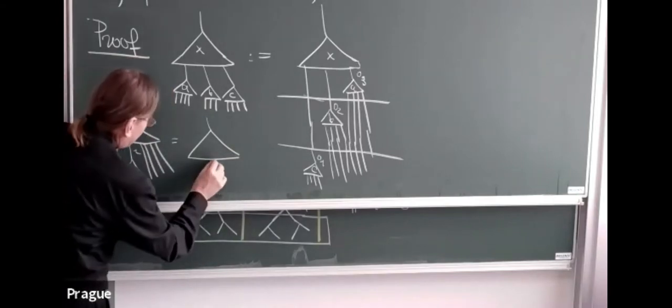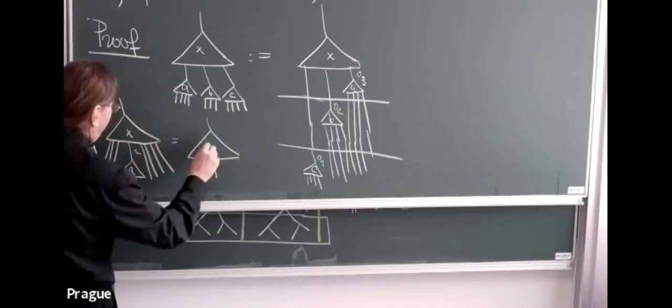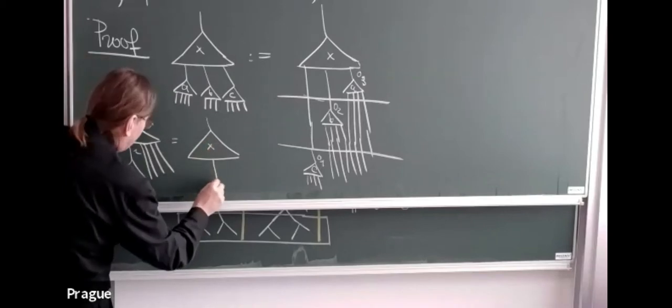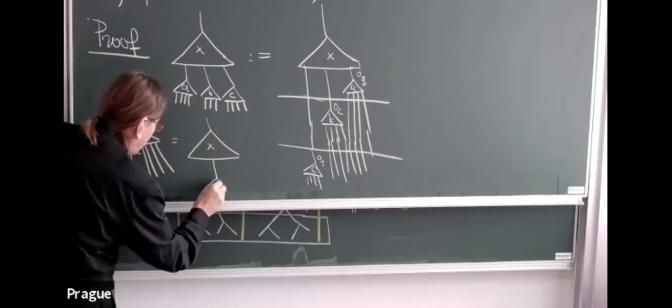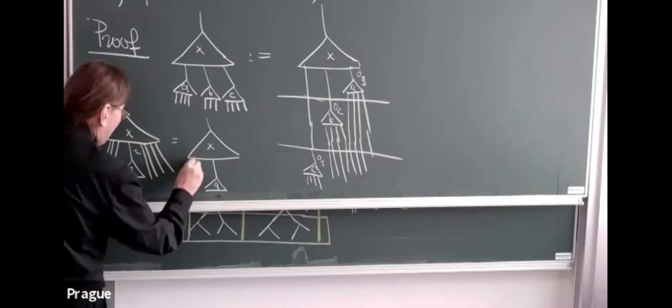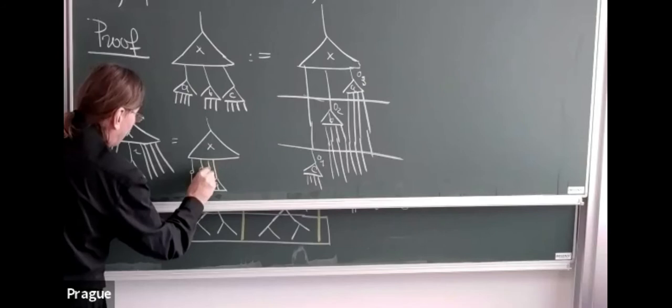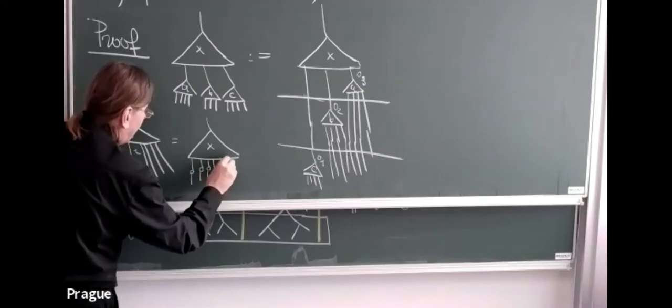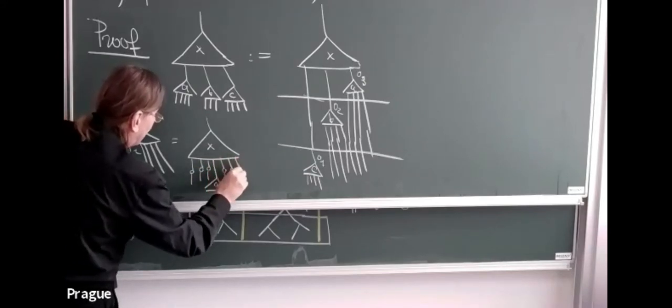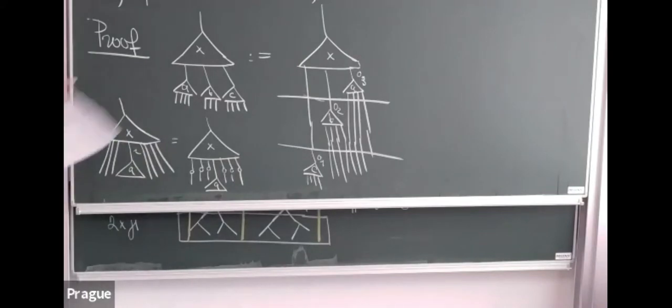On the position i of X, I put A, and to the remaining positions, I put the unit. So this shows how units are important in the isomorphism part of the theorem. All right, I can again write it in elements, but I don't think it is necessary.